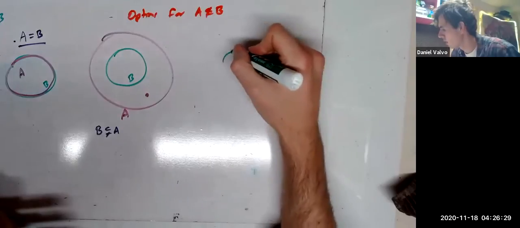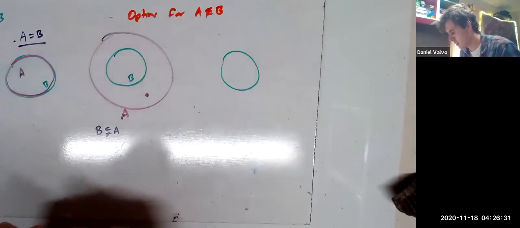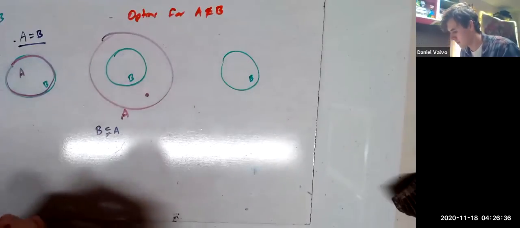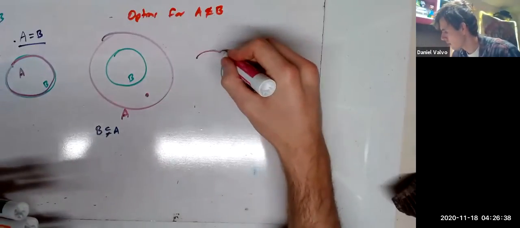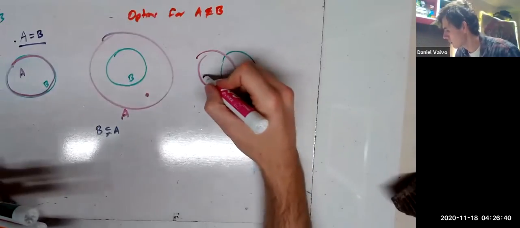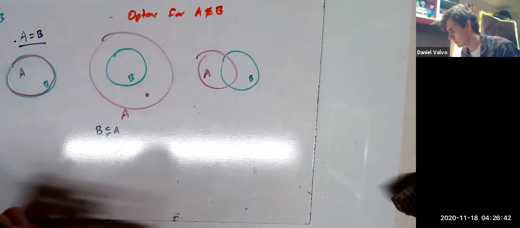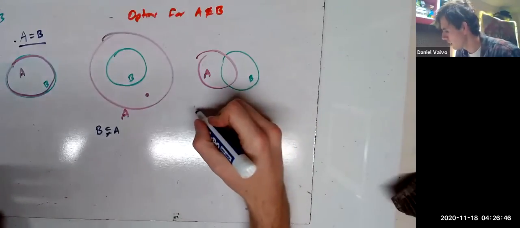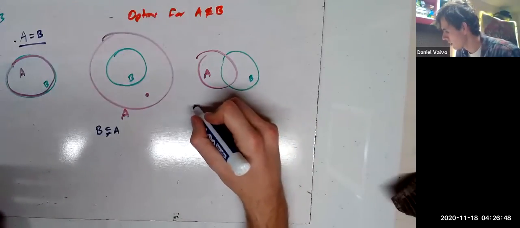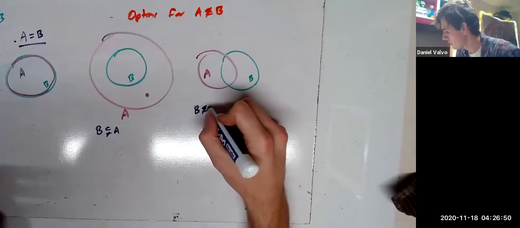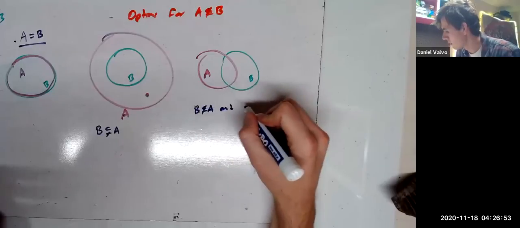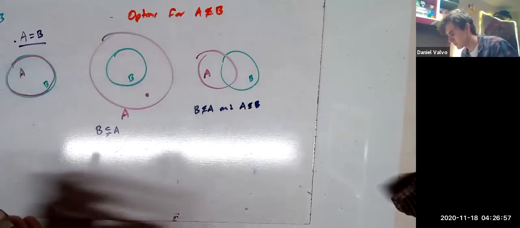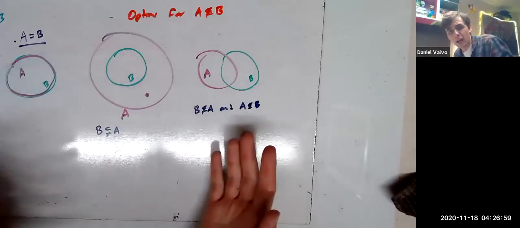Why not have B here and A here? So here, B is certainly not contained in A, and A is certainly not contained in B. Right? It doesn't go either way.